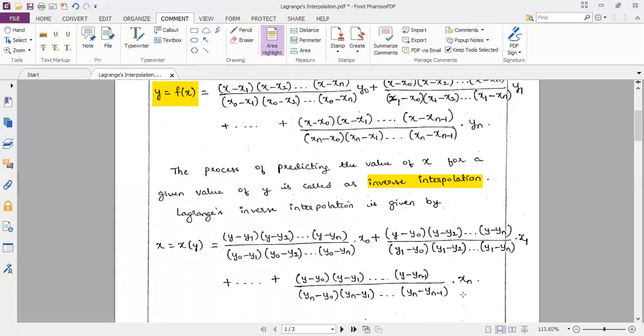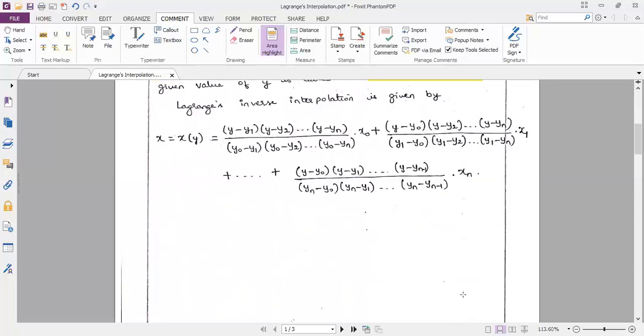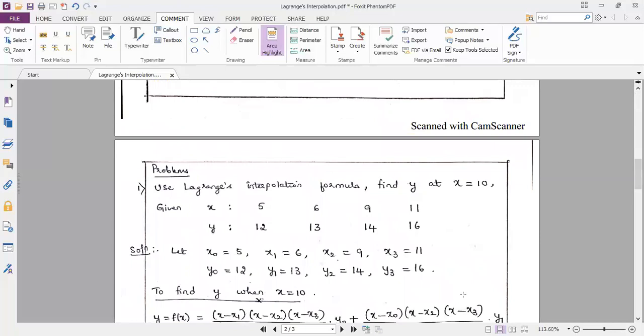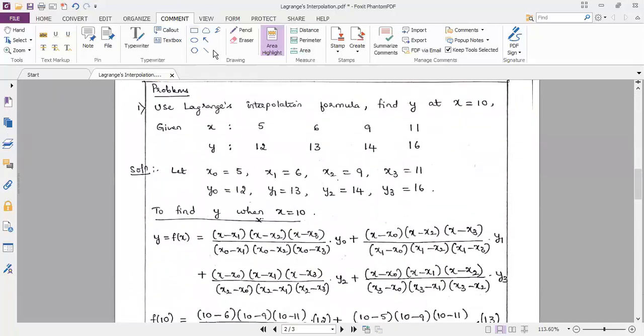So in today's class, we'll be working problems on Lagrange's interpolation and inverse interpolation formula. Firstly, use Lagrange's interpolation formula to find y at x is equal to 10. So here x is equal to 10 is the point of interpolation.